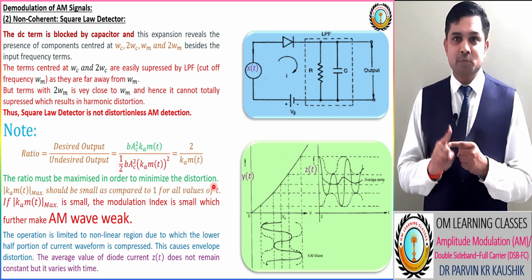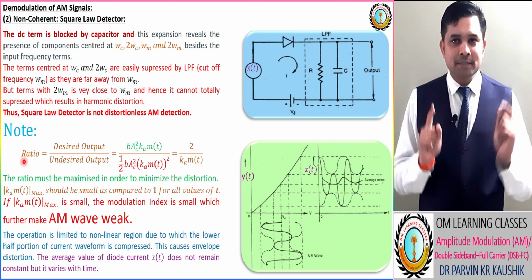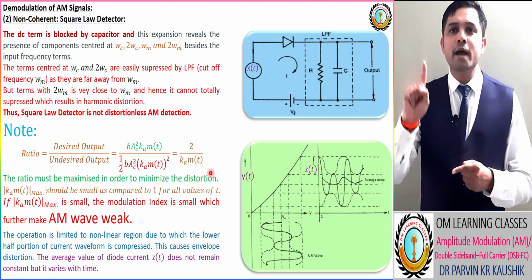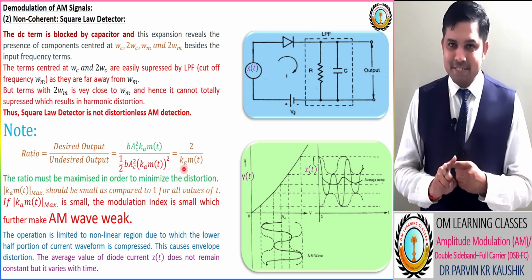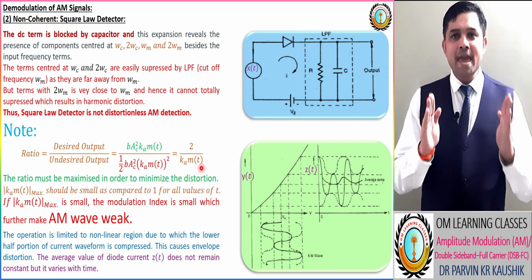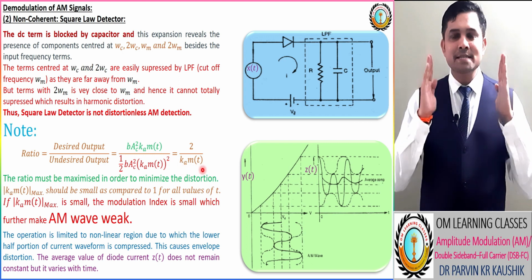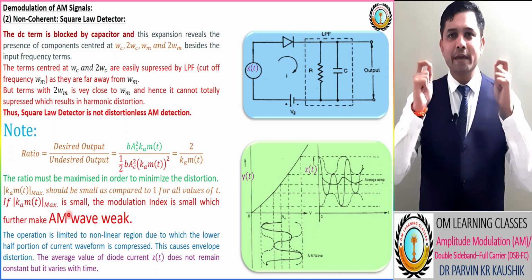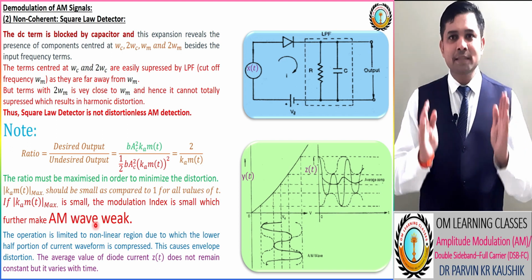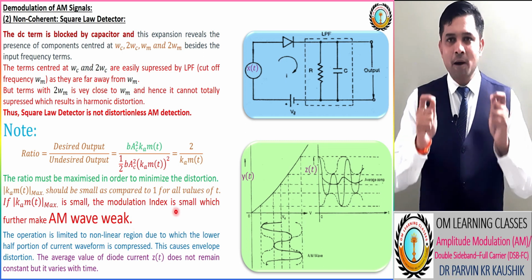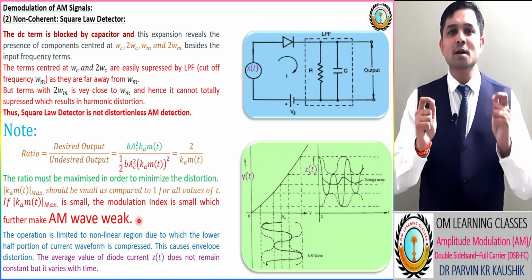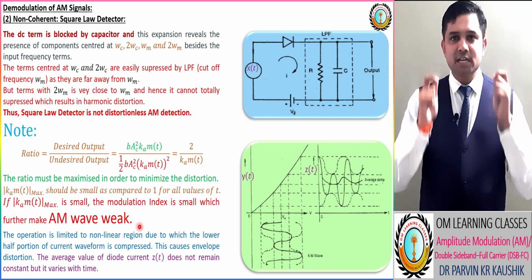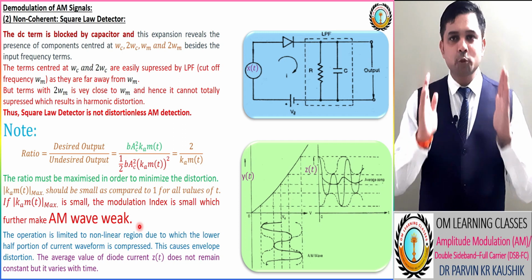If this ratio must be maximized, then the denominator of this ratio, that is Ka into m(t), should be minimized, and this Ka into m(t) term is directly proportional to the modulation index of the AM wave. And if we make this term small, then it further makes our AM wave weak. This is an important disadvantage of the scalar demodulator.